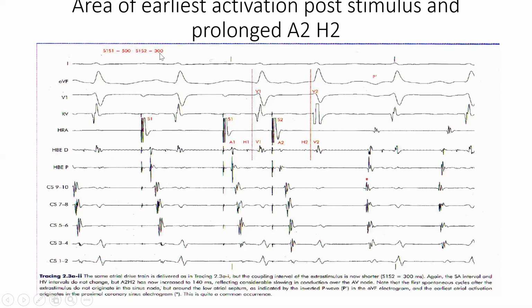The S2 is at 300 milliseconds. We all know that the shorter the milliseconds, the faster the heart rate, if we use our 60,000. So they started pacing at 500 milliseconds here, and you can see they measure their AH interval and HV interval. But when they shortened the duration to 300 milliseconds, you can see AH and HV.